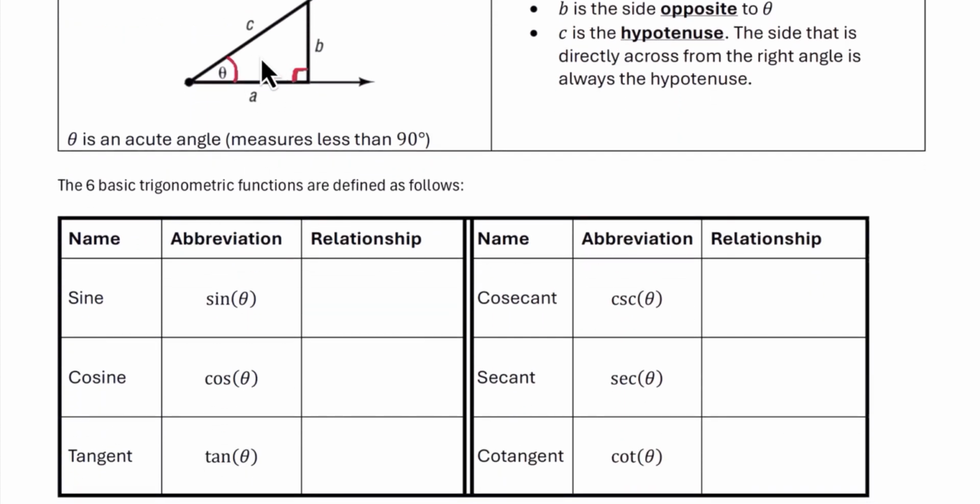So focusing on this triangle, sine we can abbreviate as sin theta. Its relationship is opposite over hypotenuse. So the side opposite divided by the hypotenuse, the longest side.